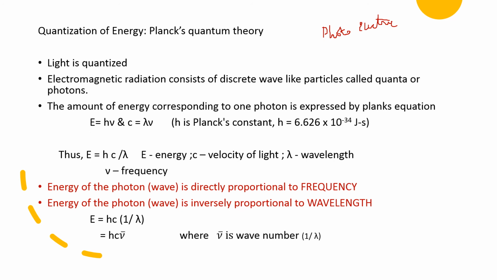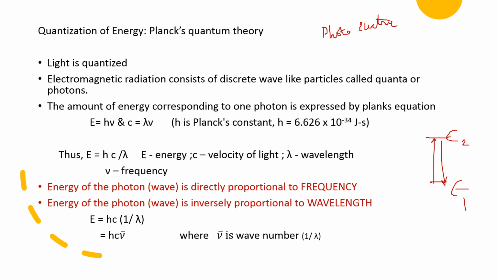Any change in its energy content can occur only by means of a jump between two distinct energy states. That means E1 and E2. He proposed this idea in the year 1900.